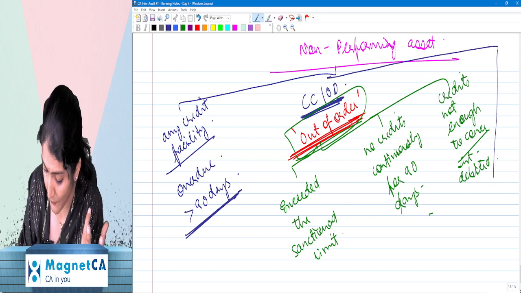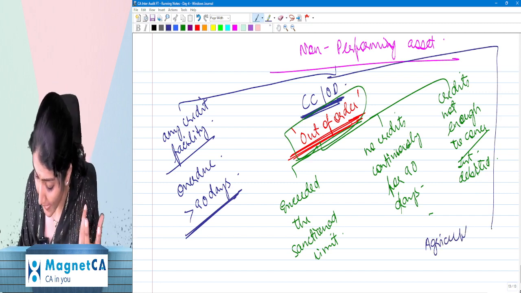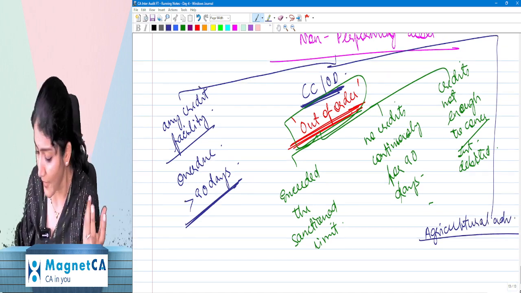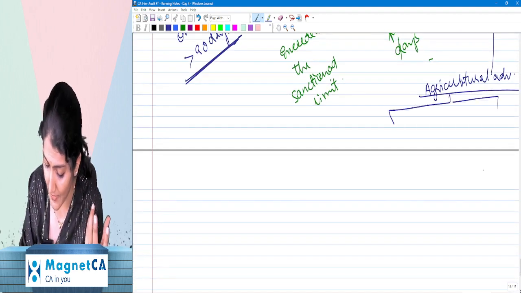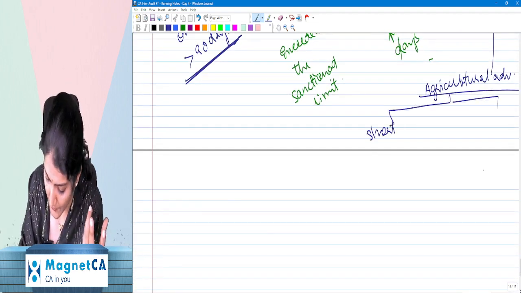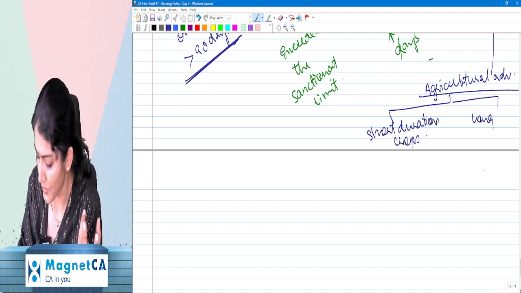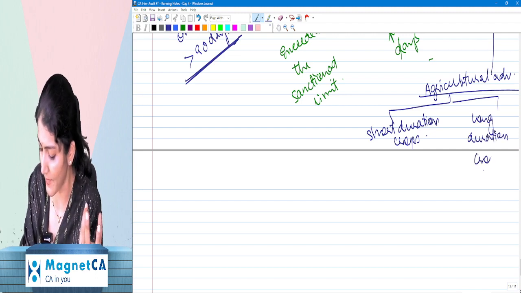And third one is for the agricultural advances. When do they become an NPA? One, you have to see whether the agricultural advance has been given for short duration crops or for long duration crops. Short duration crops like the pulses, or long duration crops like tea, coffee, rubber.